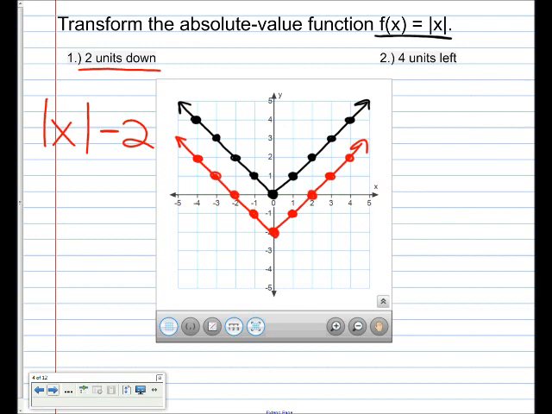I'm going to use blue for the next one. Now I'm going to go back to the original one. The one in black is my original. Back to the original, and I want to move that 4 units to the left. So everything gets moved 4 units left. Now it should look the same.